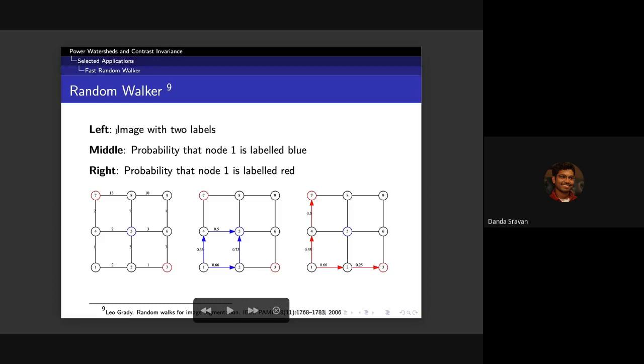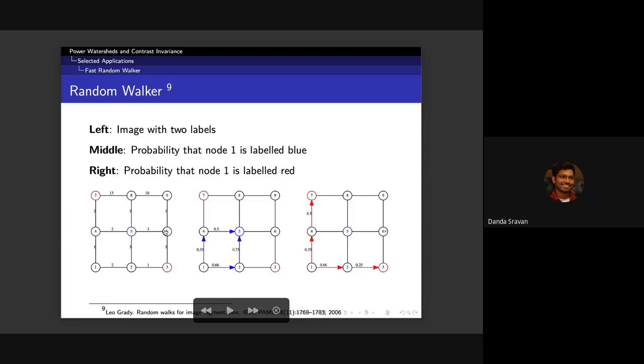So suppose now I want to do an image segmentation, but I have some kind of prior information, meaning I know for a fact that some of the pixels in the image, as you see on this left image, there are two colors here. One is red and the other is blue. So I know for a fact beforehand that some of the pixels correspond to a particular object.